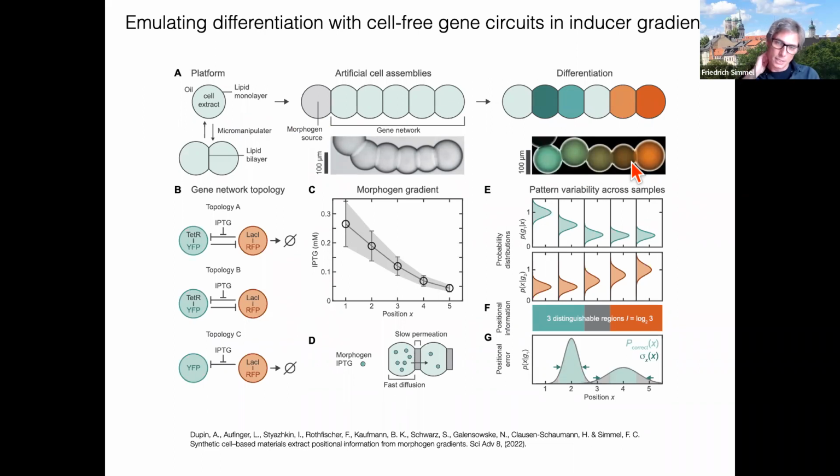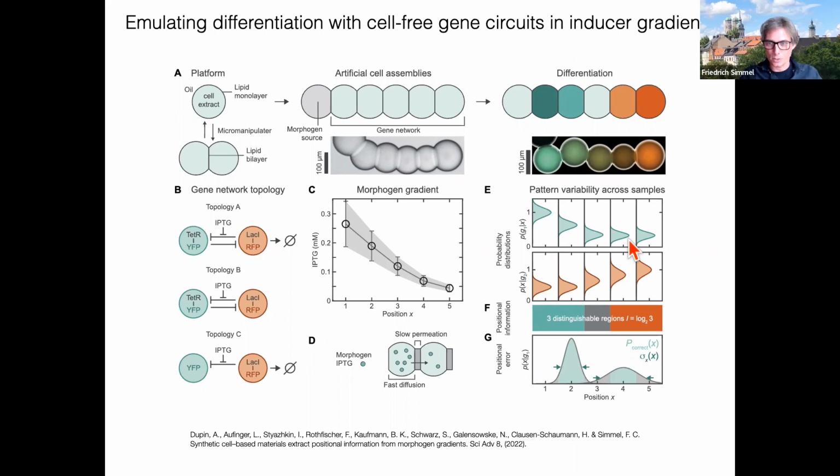And that's actually complicated. This can be addressed with a specific measure that people have developed in this field, called positional information. You can put a number on the ability of a droplet or of a system to determine its own position from a gene expression level.